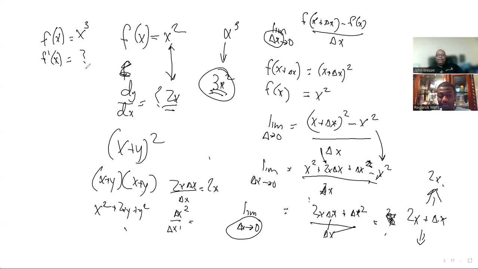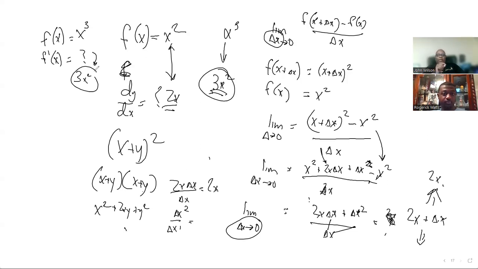So I'm proving that f of x equals x cubed, f prime of x is 3x squared, with a question mark. Prove it through the work that we showed. I want to give you a way to know you're right.